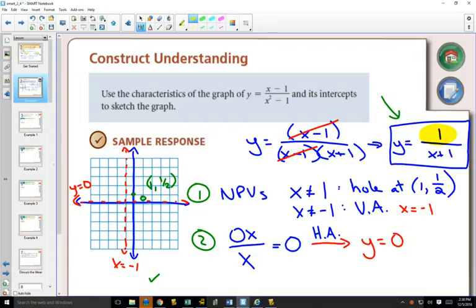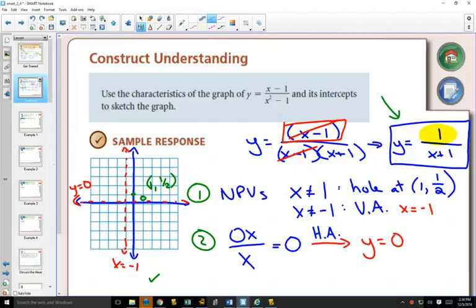Again, we'll use our simplified form. When is 1 equal to 0? Never. Good. So we have no x-intercepts. So again, you're not looking here anymore because that canceled out. And that one was one of our non-permissible values.